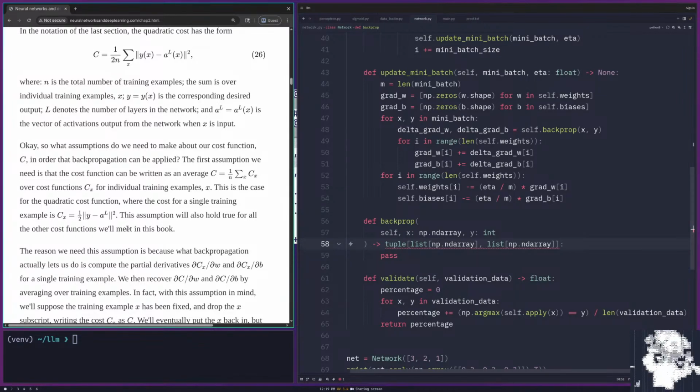I guess if the cost function was like, which digit is farthest away, then it's like a max or a min, and so the overall max is not the average of the max of each individual one.